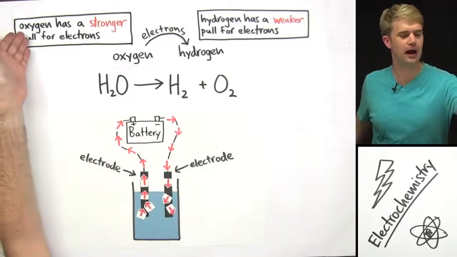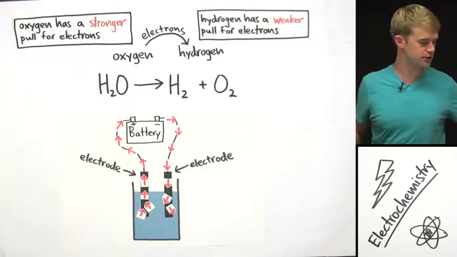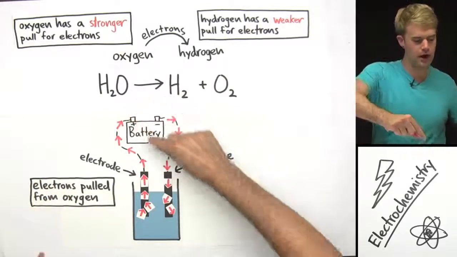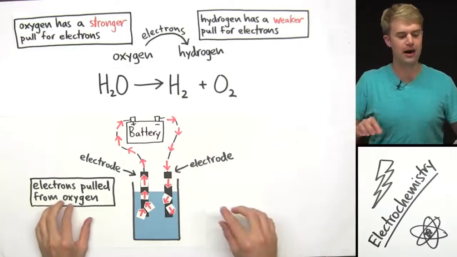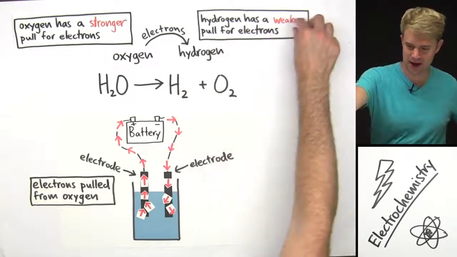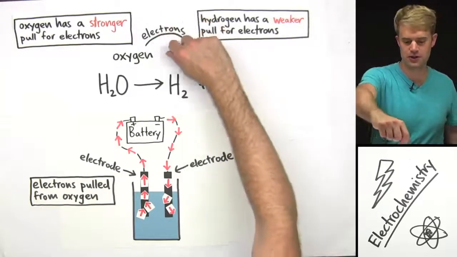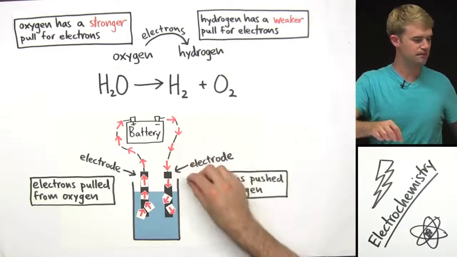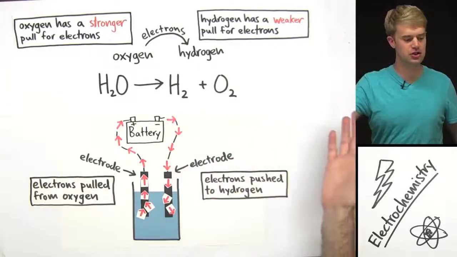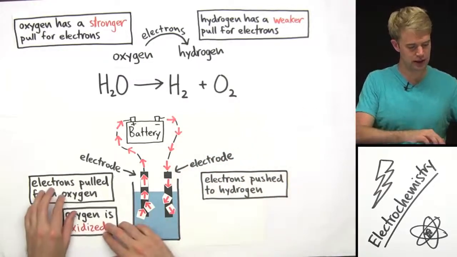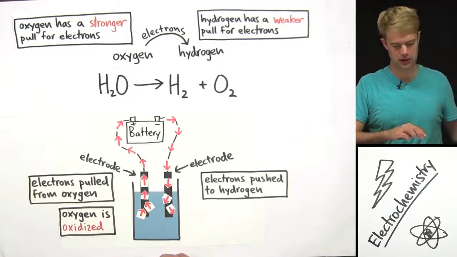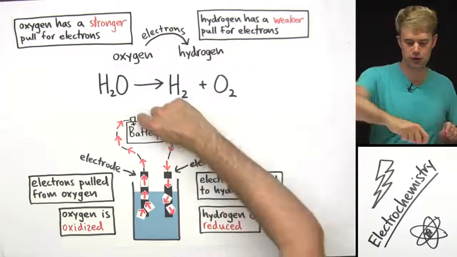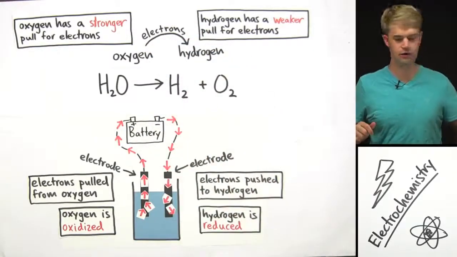Normally oxygen has a stronger pull for electrons, but we can use the strength of the battery to pull electrons away from oxygen. Here, hydrogen would normally give up electrons, but we can use the battery to push electrons to hydrogen. In terms of oxidation and reduction, this means that oxygen is losing electrons, so it is getting oxidized. Hydrogen is gaining electrons, so it is getting reduced. These electrons are getting pushed to it from the battery.